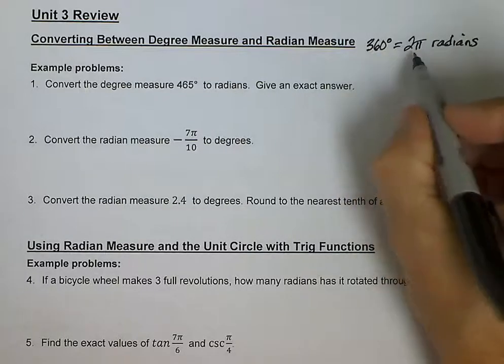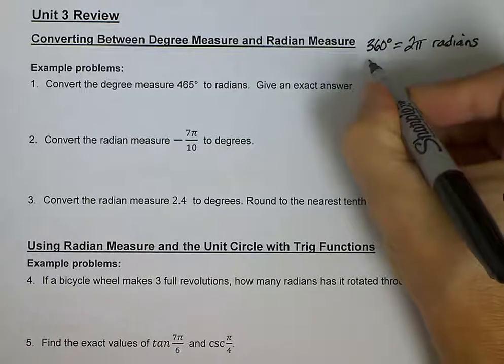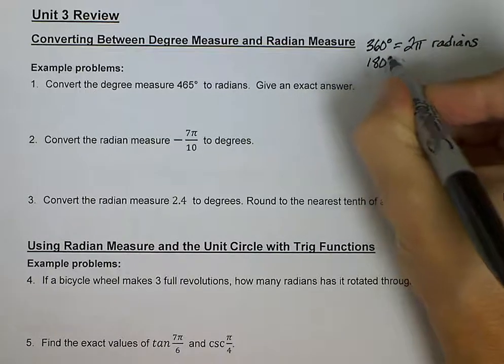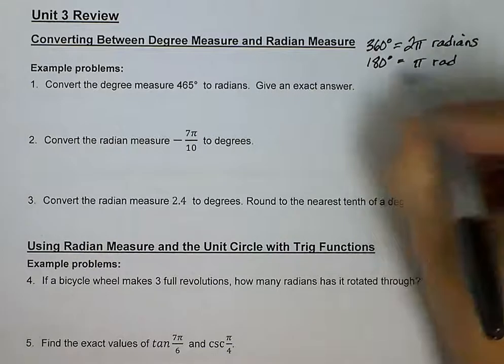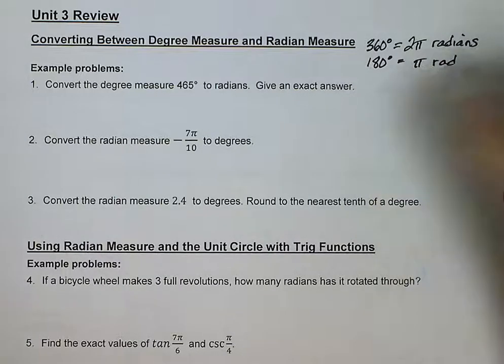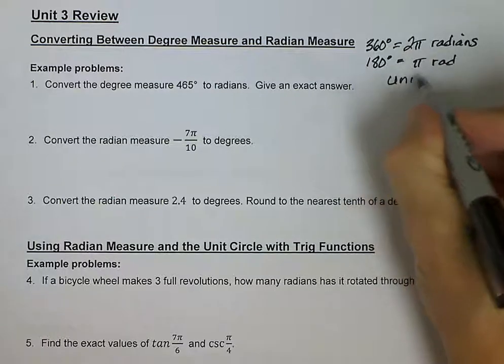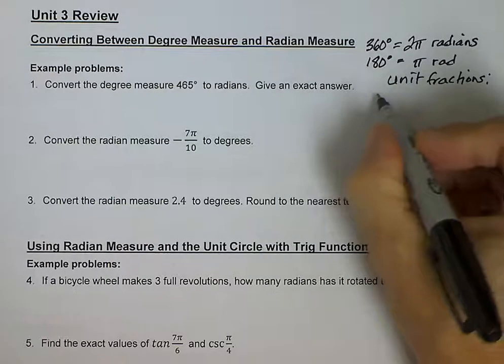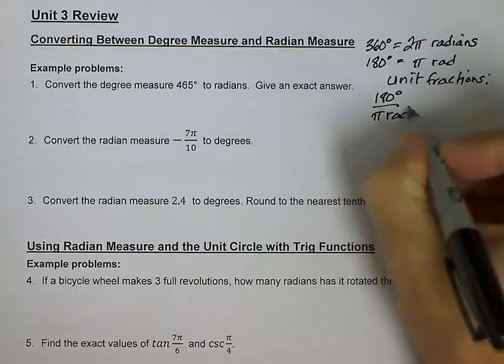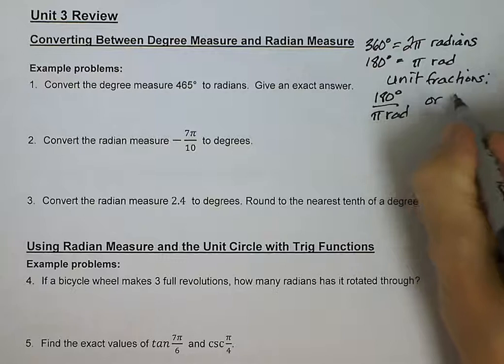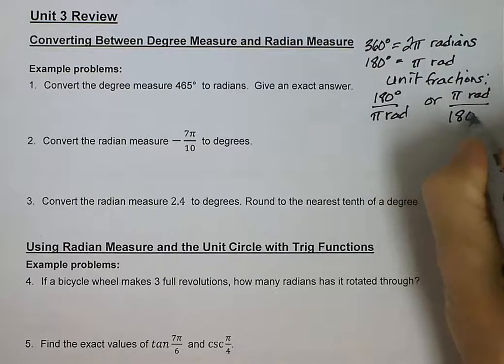What we usually do with this is divide each of these by 2 so that we have 180 degrees is equal to pi radians, and then we use that to make our unit fractions. For our unit fractions, we have either 180 degrees over pi radians or pi radians over 180 degrees.